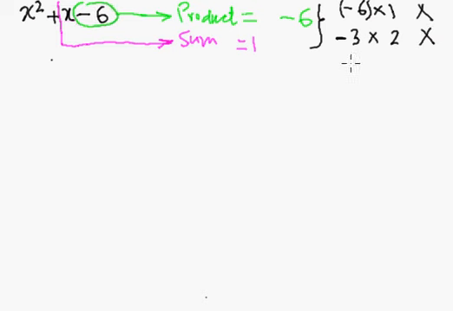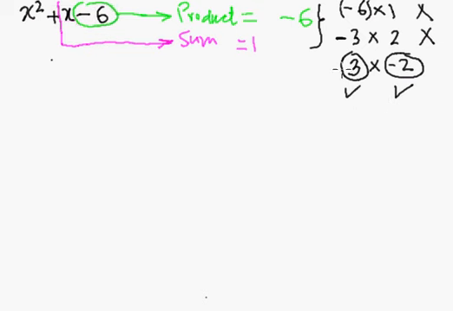But what if I do this? I guess this is going to solve my problem. Now 3 times -2 will give me a -6, and when added they give me a positive 1, so this is going to work clearly.